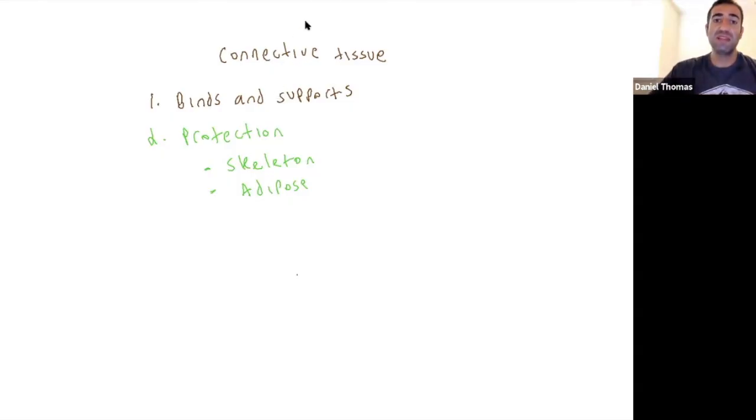Next is going to be insulation. Now you probably are going to guess if I tell you which type of connective tissue is responsible for insulation. That'll be adipose. So adipose tissue actually has many purposes in the body. It is a very important tissue. Society has demonized it as, oh, fat is bad.